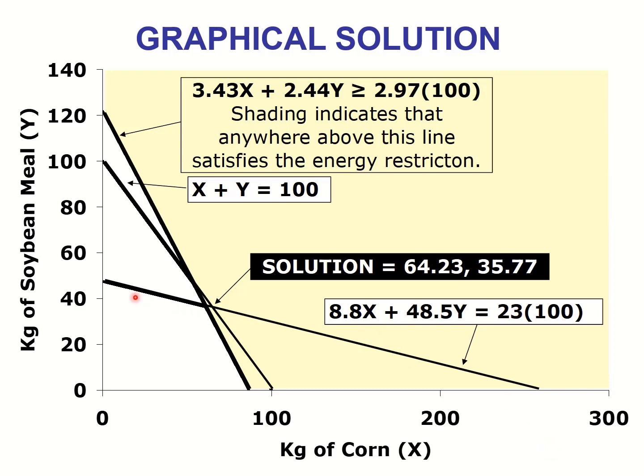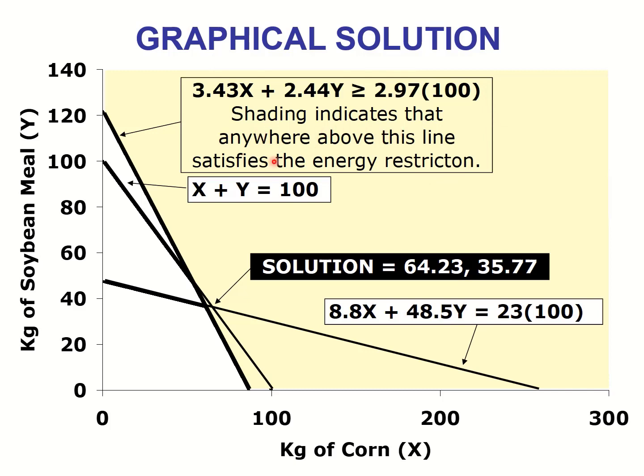Here is the linear equation, and this is the graph, the line which describes this equation, and here is its solution. And here also is equation number 2, and here the solution, by using the graphical solution.